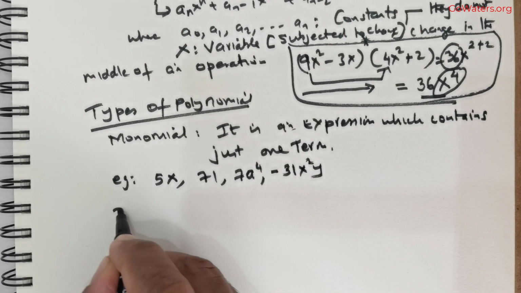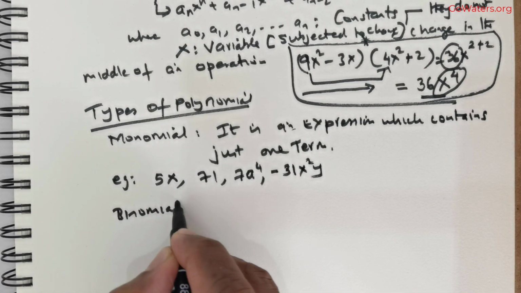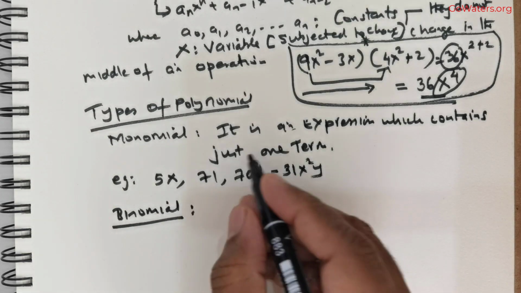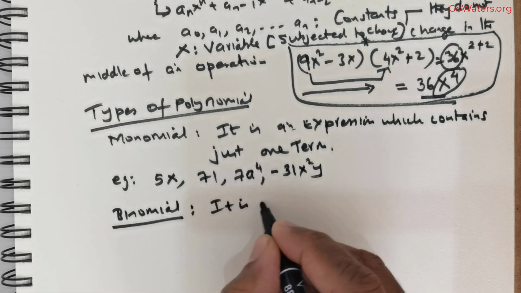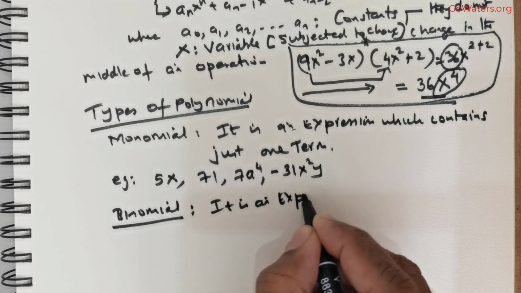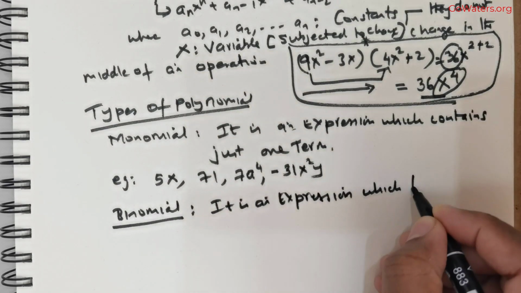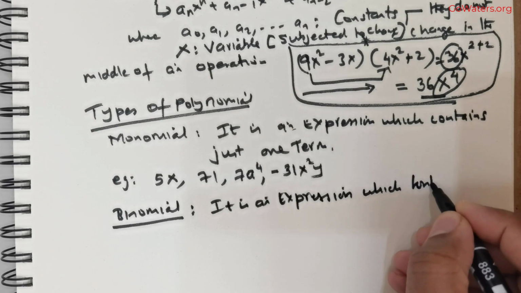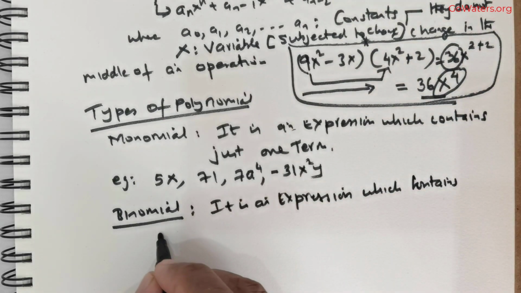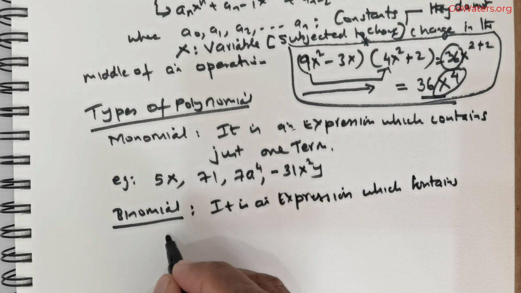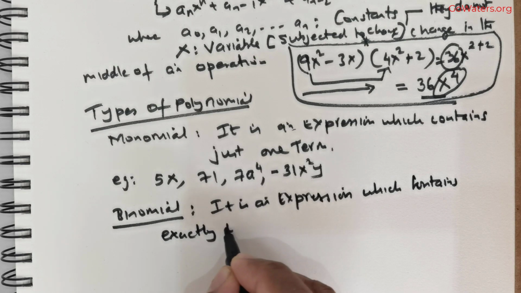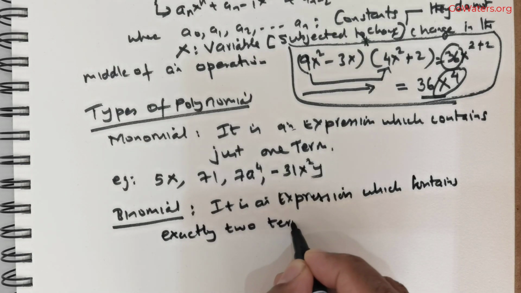Next is binomial. It is an expression which contains exactly two terms.